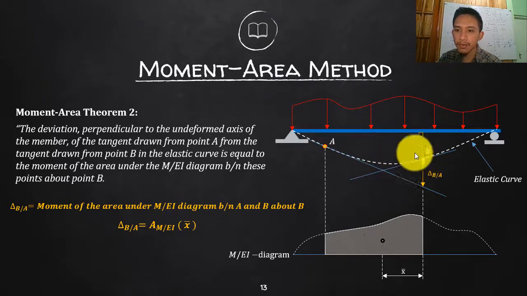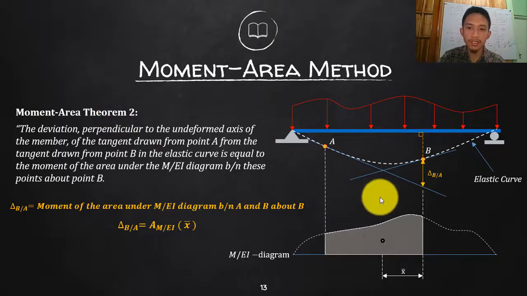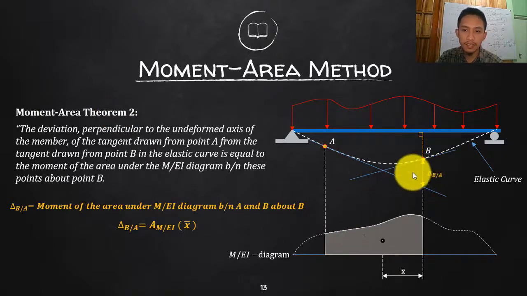Later on, you can manipulate this idea to get the actual deflection of the original beam to the deformed beam. But since this is just the theorem, according to the theorem, if you consider a vertical distance between tangents, this is your theorem 2. So in your figure here, this vertical distance from the tangent at B to the tangent drawn at A is delta BA.